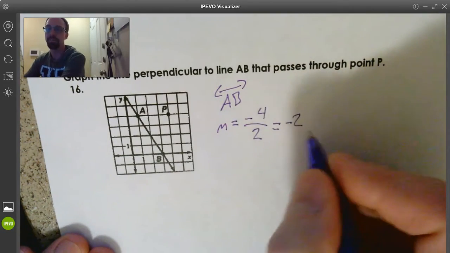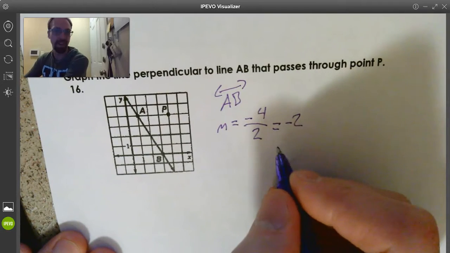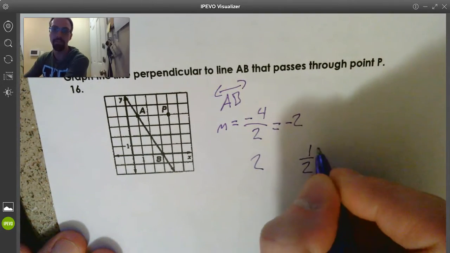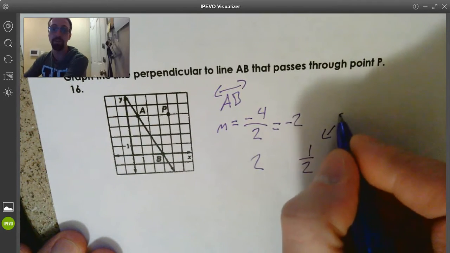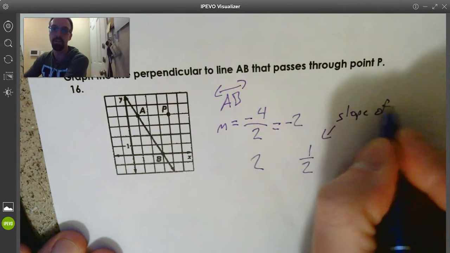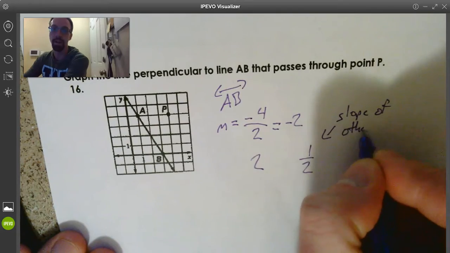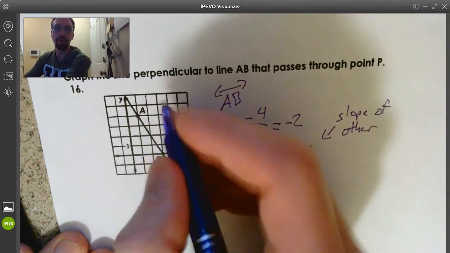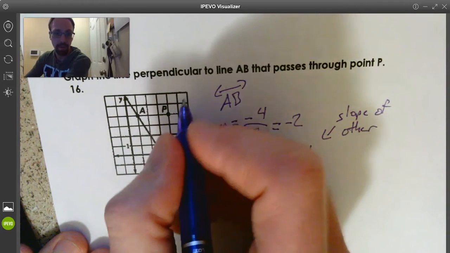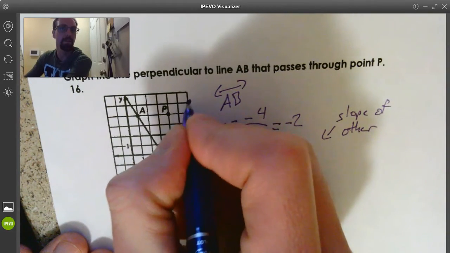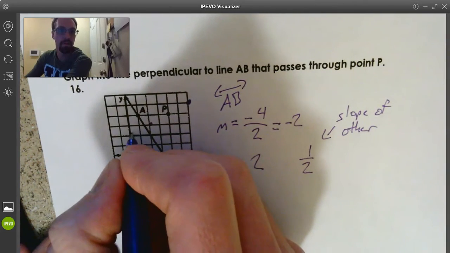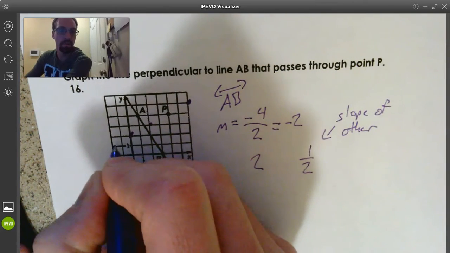So I need the opposite reciprocal of this. So the opposite of -2 is +2, and then the reciprocal is 1/2. So the slope of my new line has to be 1/2, which means I rise 1 and I run 2. So that's going to be here, here, here, here.